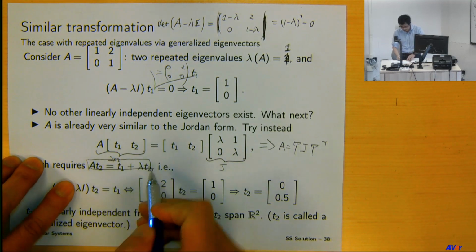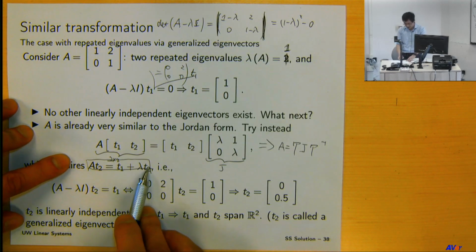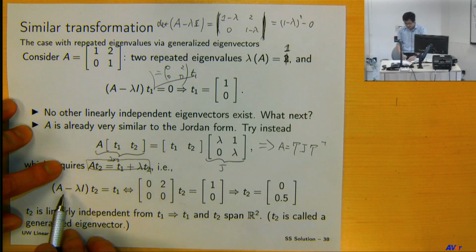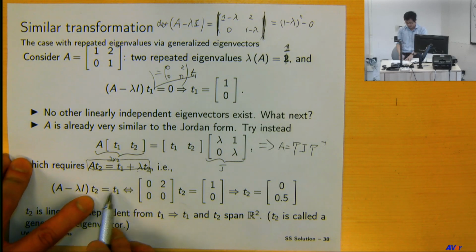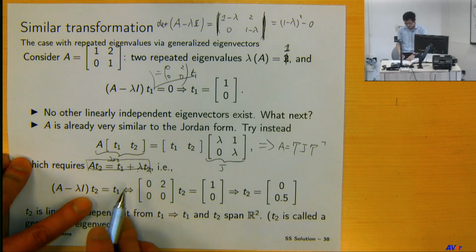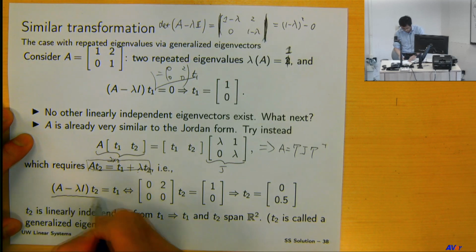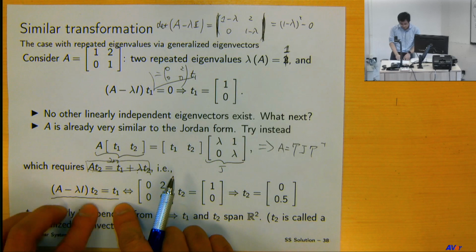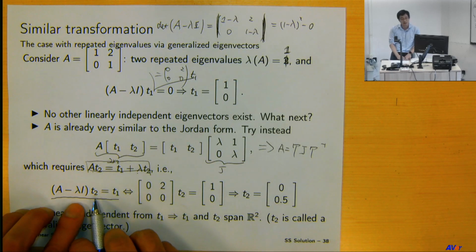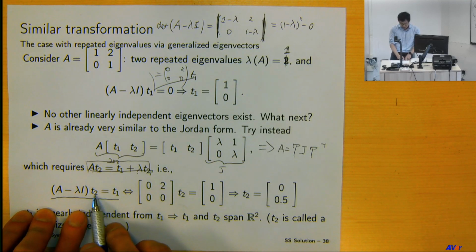Or if you prefer, you can shift the terms about T2 to the left and get A minus lambda I times T2 equal to T1. So you can put the numbers in and you will be able to find T2. This time you will be assured to get a solution.